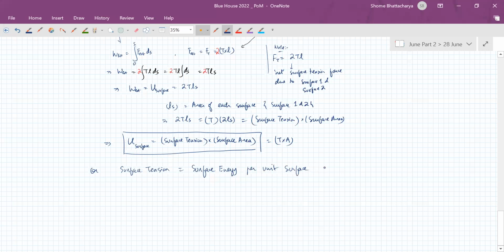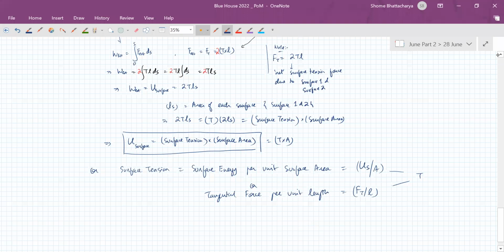Okay, which is the same thing as tangential force per unit length. So whether we define it as surface energy per unit surface area or tangential force per unit length, is the same thing, which is surface tension.